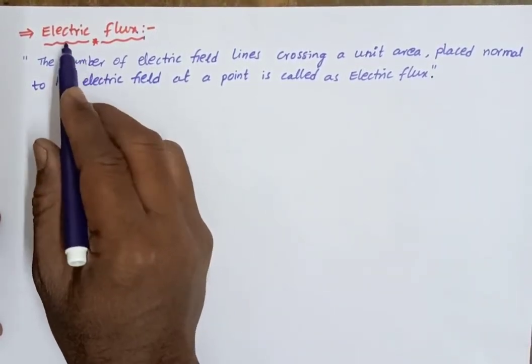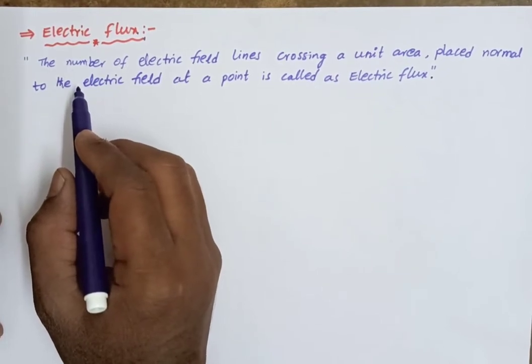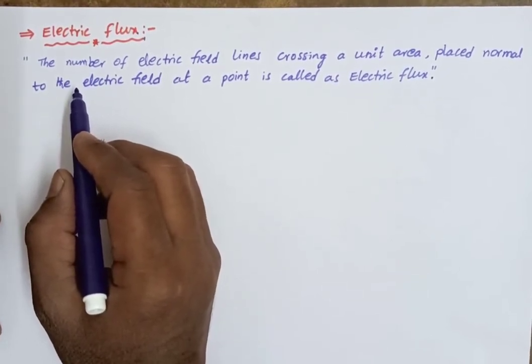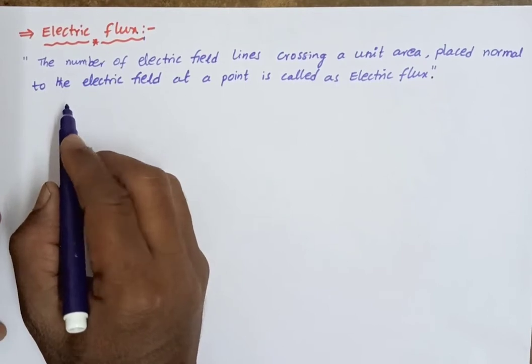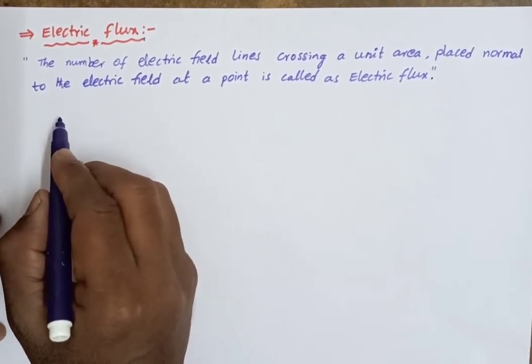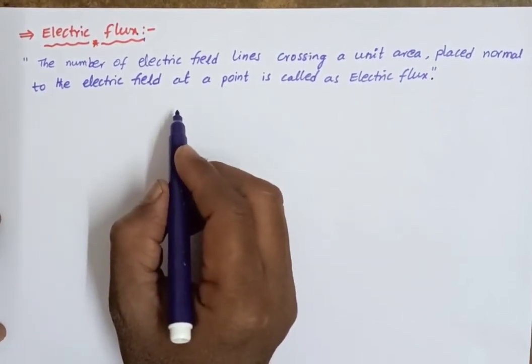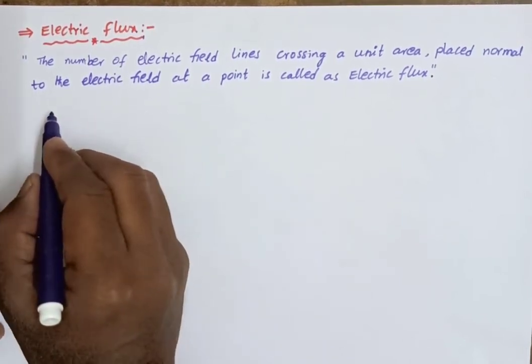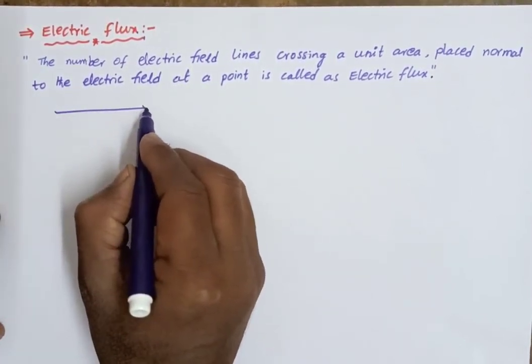So we know the properties of electric field lines. Electric field lines start from a positive charge and end at a negative charge.